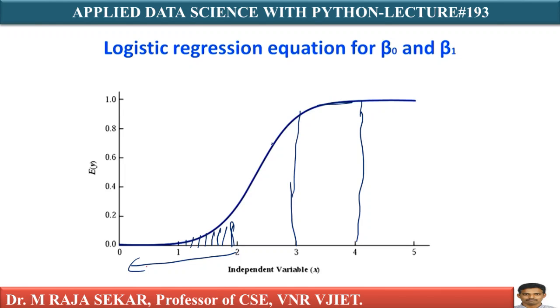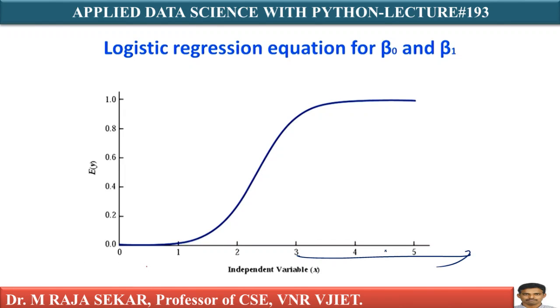So what we are understanding here is, whenever the value of x is more than 3, there is more change, and the expected value of y will be 1, isn't it?